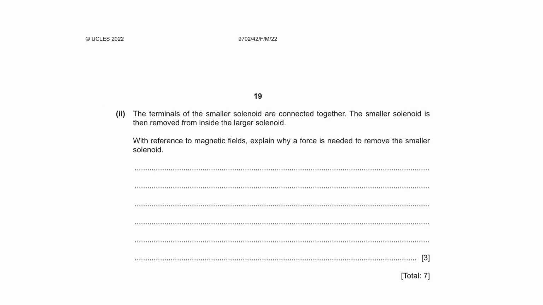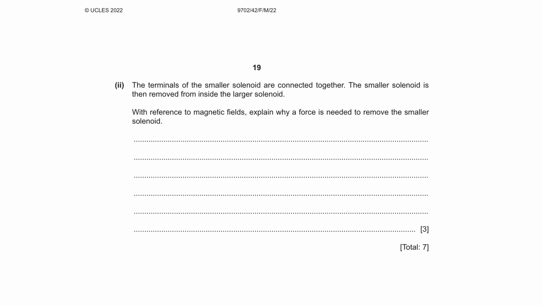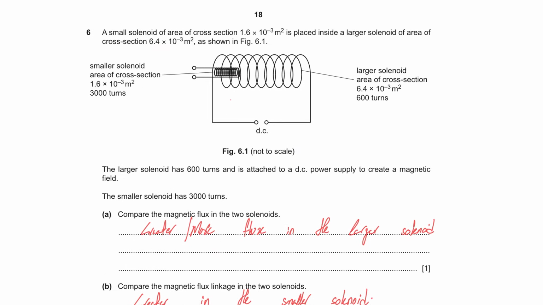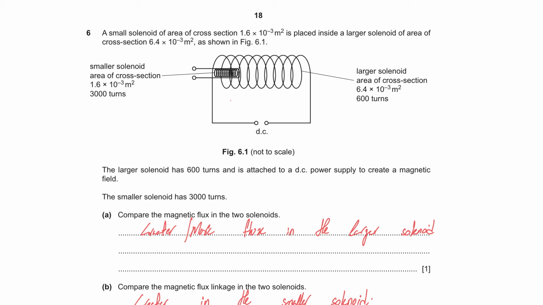Part 2 says the terminals of the smaller solenoid are connected together. The smaller solenoid is then removed from inside the larger solenoid. With reference to the magnetic fields, explain why a force is needed to remove the smaller solenoid. Now, when we connect the terminals of the smaller solenoid and try to remove it, the smaller solenoid experiences a change in magnetic flux linkage as it moves away.